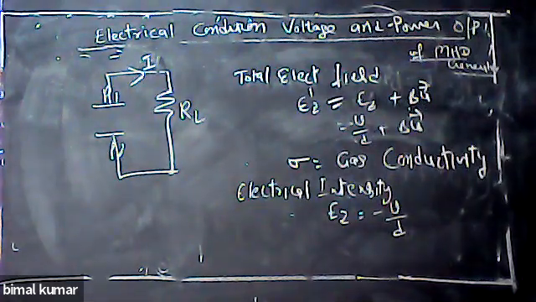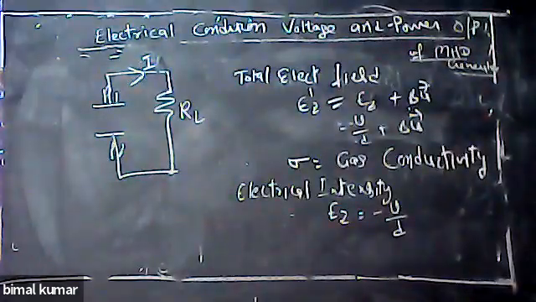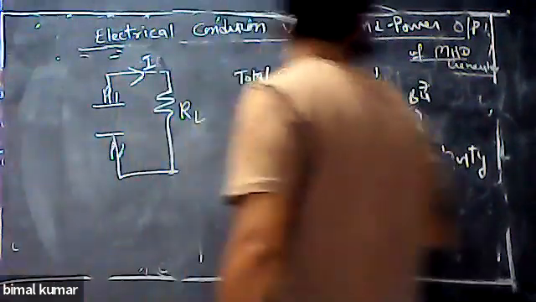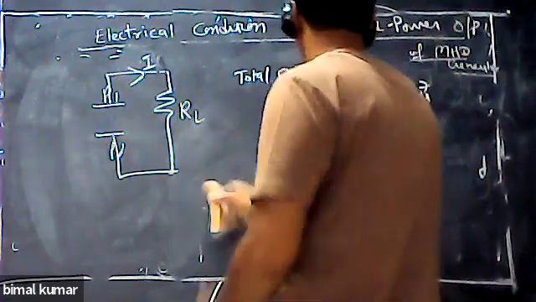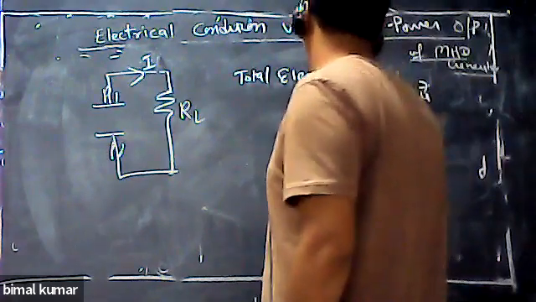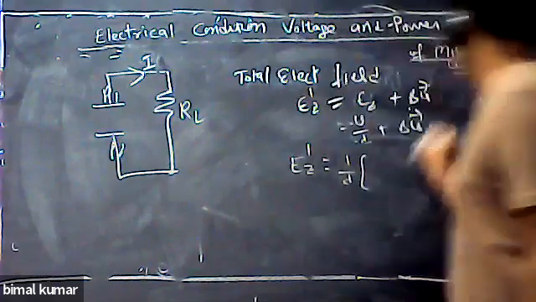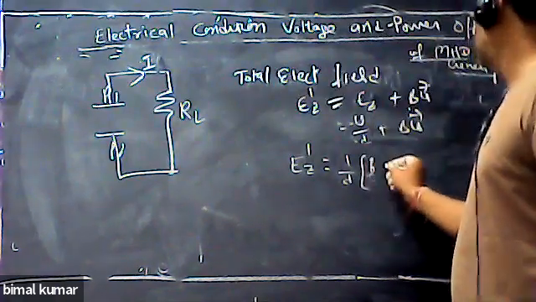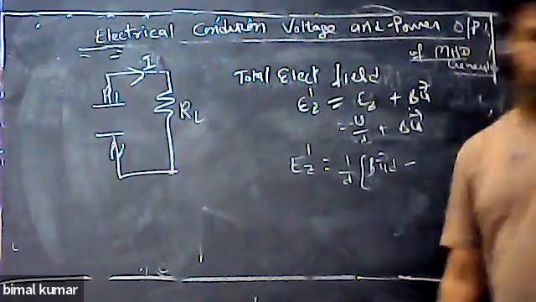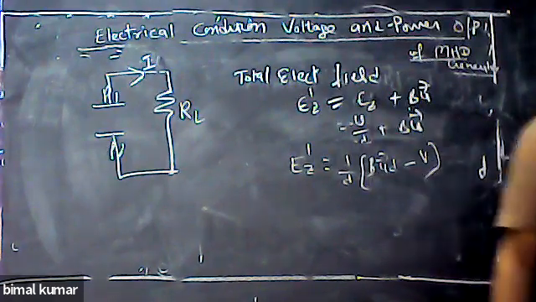If we take 1 by D common, then this equation will become Ez dash is equal to 1 by d into Bud minus v, right?